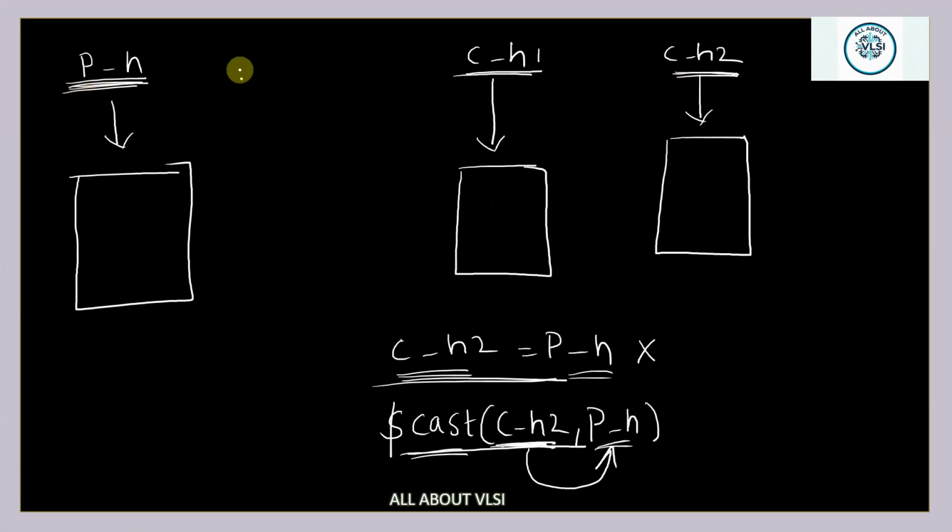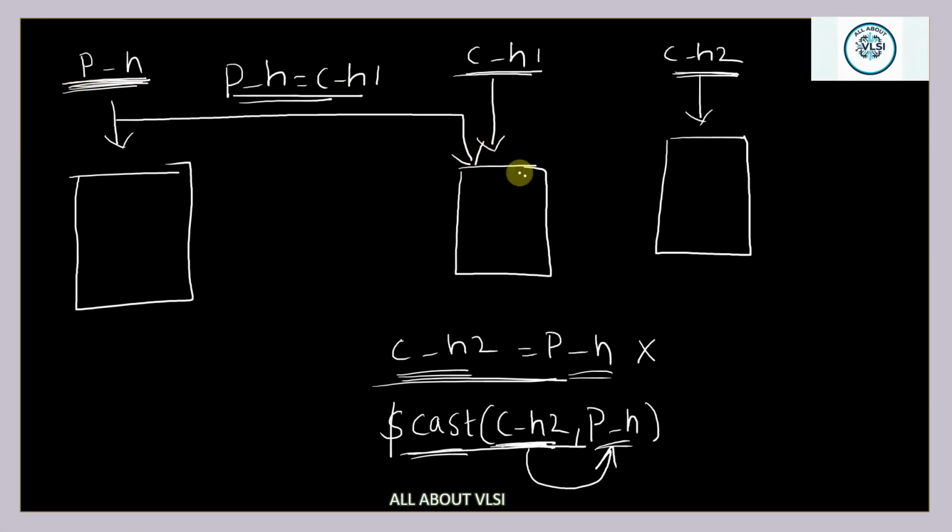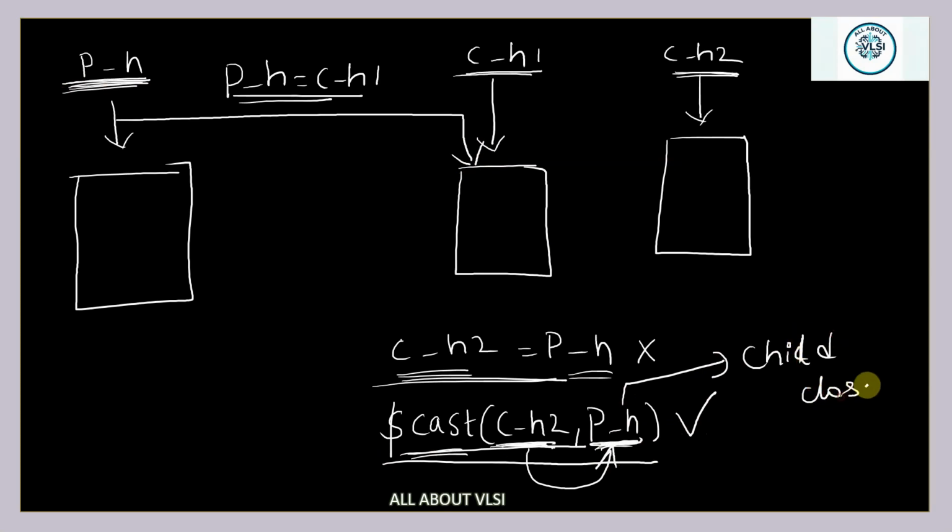Now let's say you have this assignment p_h = c_h1. That means this parent class handle is now pointing towards a child class object, so your parent handle is acting as a child class handle. Then this particular assignment will be valid, because p_h is now a child class handle.